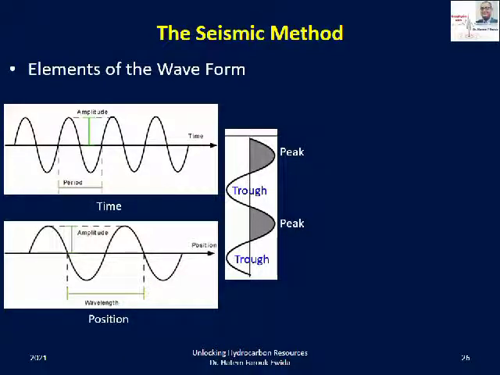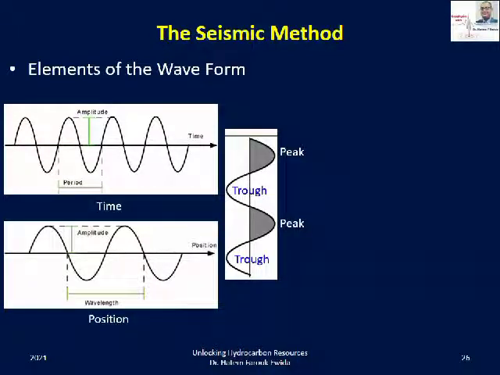If you go to position, we'll have again the amplitude as it is, but we'll have the wavelength. The wavelength is the distance between two successive peaks or troughs. And how we build this on the seismic data, you see the seismic section in the previous slide. It is actually composed of several traces, as we will see next. And these traces contain different colors.